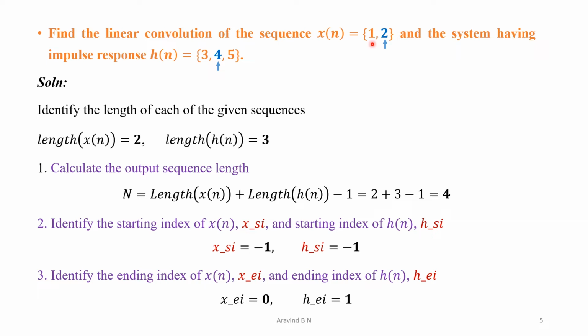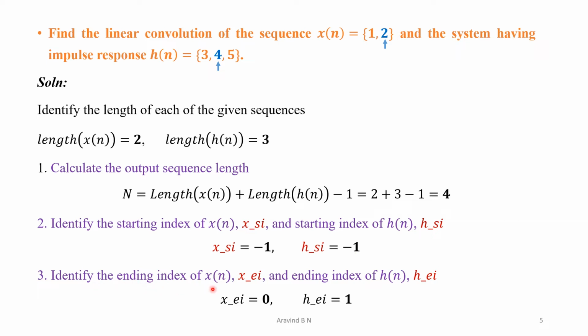The position of this value is minus 1. Therefore, x underscore si is equal to minus 1. Similarly, with respect to h of n, the position of the first element in h of n, that is the position of the value 3, is once again minus 1. Therefore, h underscore si is going to be minus 1.